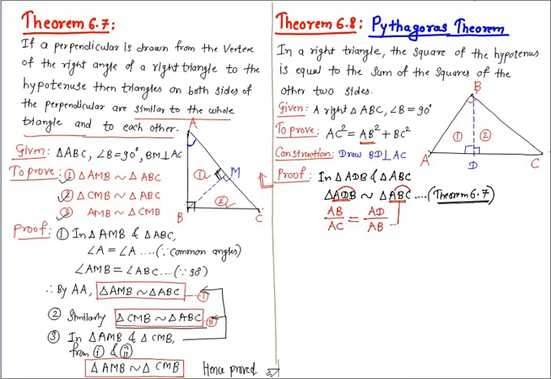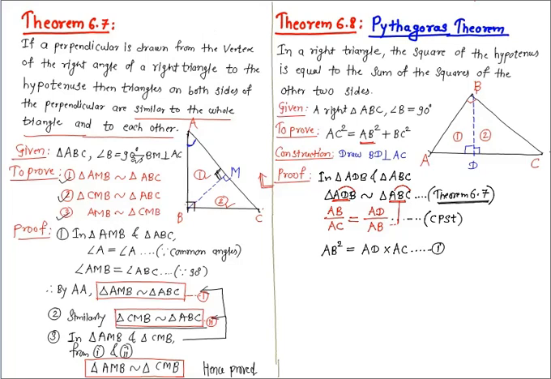So AD will be the numerator. And this is what? This we got by CPST, that is corresponding parts of similar triangles. Now just do the cross multiplication, what we get? AB square is equal to AD into AC. Let's take this as equation 1.